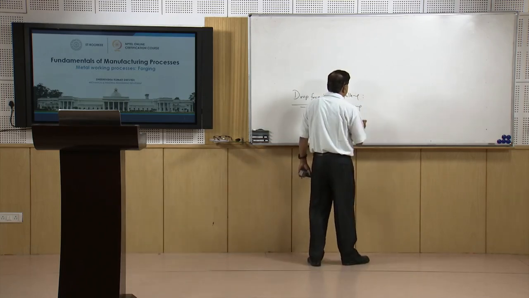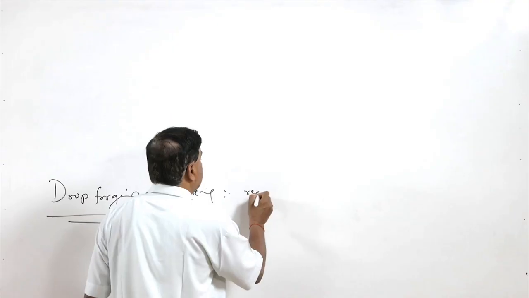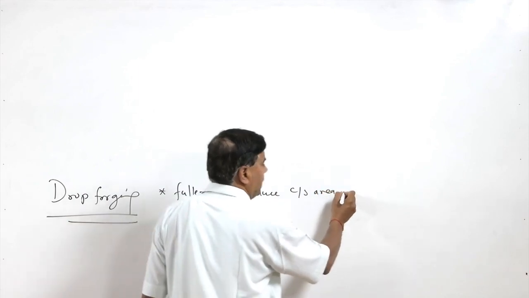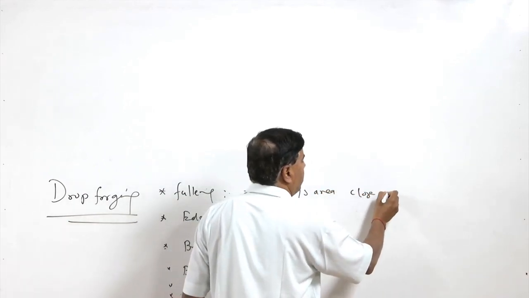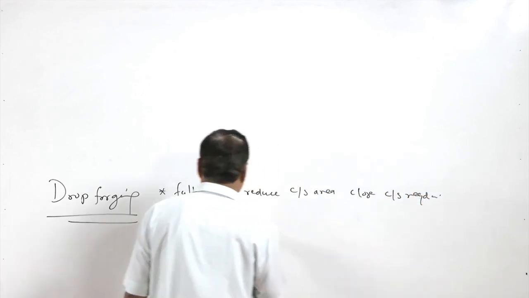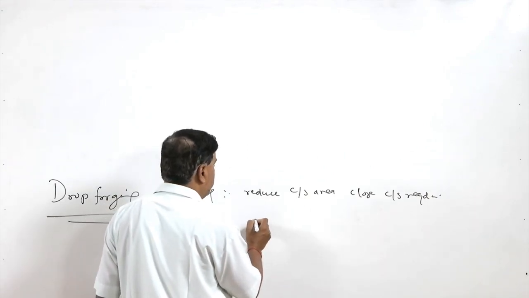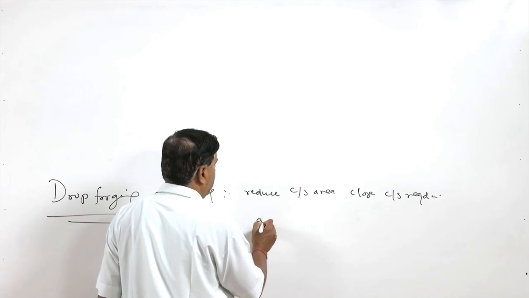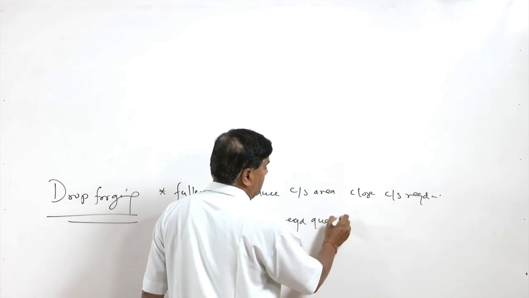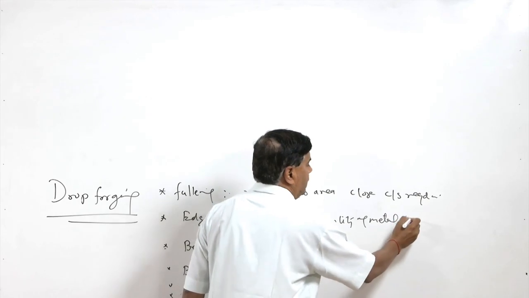So, fullering is used for reducing the cross sectional area close to the cross sectional area required in the job. The second, edging, is used to have the required quantity of the metal in the product.